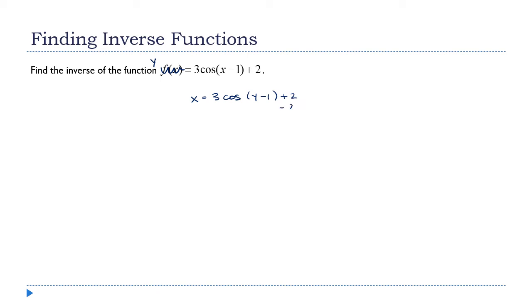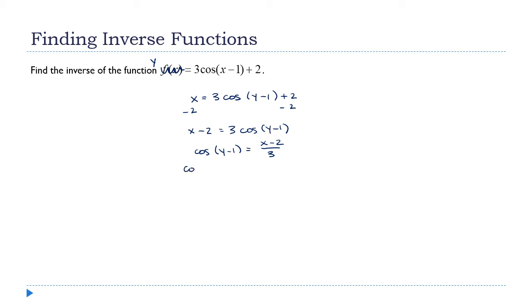Subtract 2 from both sides. x minus 2 equals 3 cosine y minus 1. Divide both sides by 3. Cosine y minus 1 equals x minus 2 over 3. And now here's where we're going to use our new function. I'm going to take the inverse cosine of both sides.